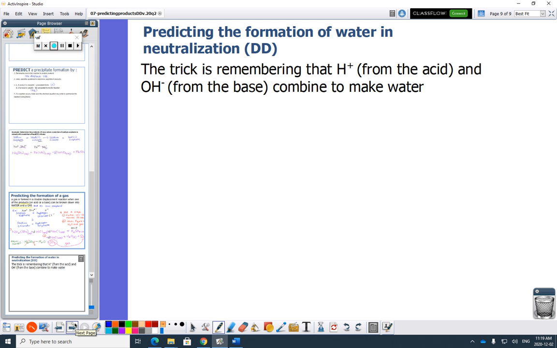So then the last one, we'll just do a simple double displacement neutralization. And again, remembering that it's HOH. So if you want to write the water like that, you can. Let's do nitric acid.